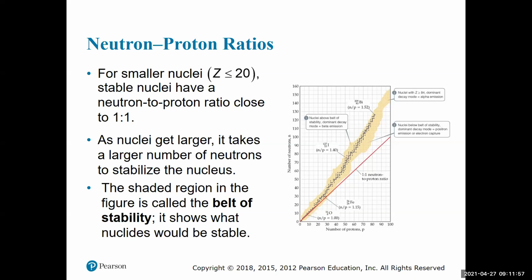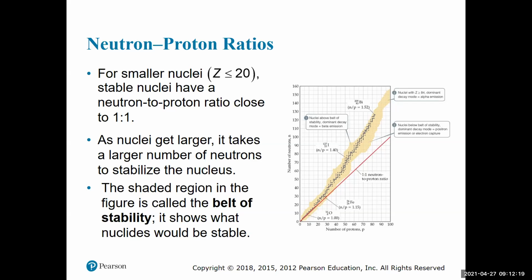As we got further along to the bigger nuclei, our 1-to-1 line, that red line, really starts to move away from the belt of stability. The belt of stability goes more towards the left. And we see these ratios: down here around 30, the ratio is 1.15.